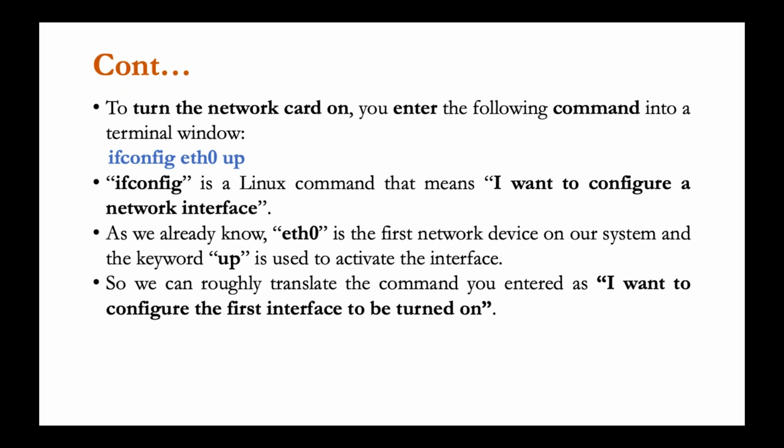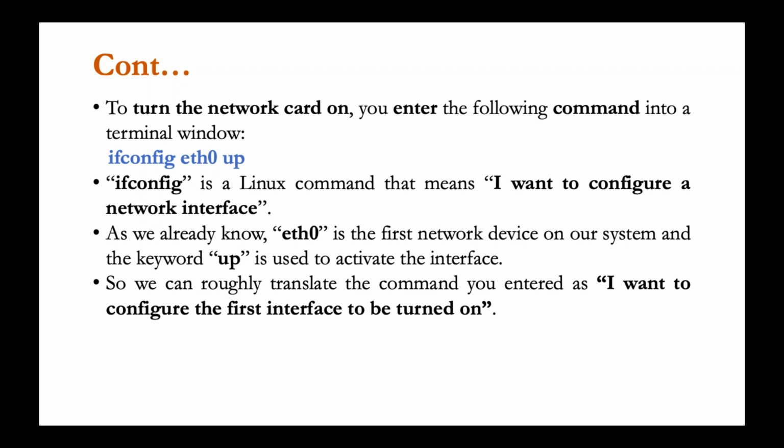So we can roughly translate the command you entered as: I want to configure the first interface to be turned on. Now that the interface is turned on, we need to get an IP address.